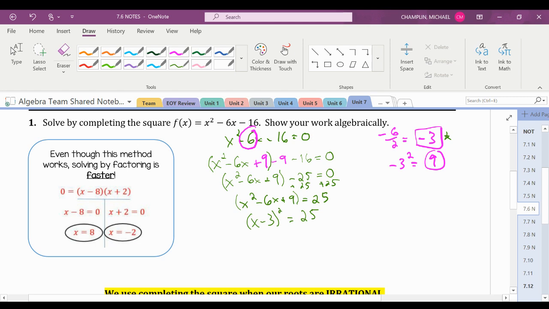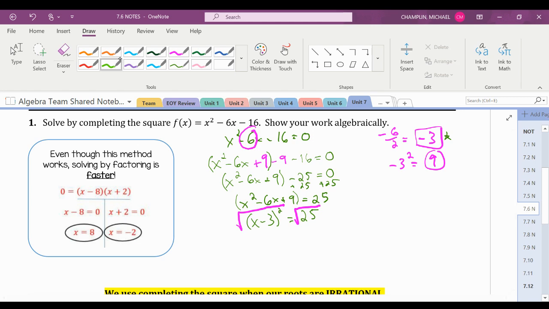All right. Now I have a little issue because I have x minus 3 squared, and I have to take the square root of that because that is the opposite operation. So I'm going to take the square root of this x minus 3 squared, and whatever I do on the left side, I have to do on the right side, right?